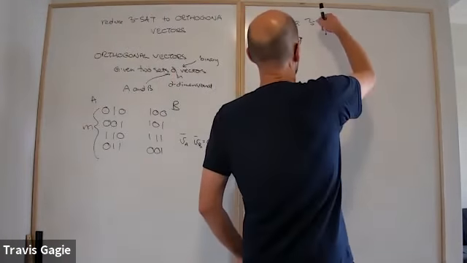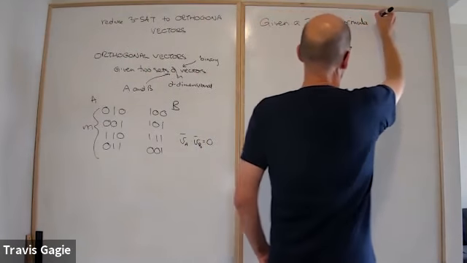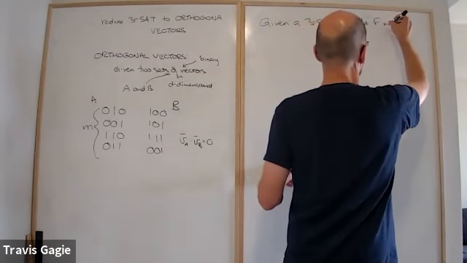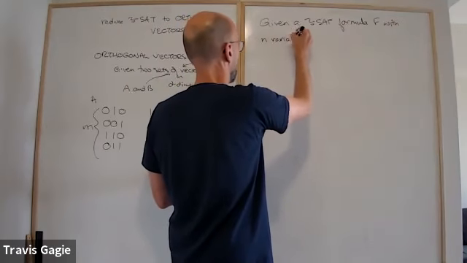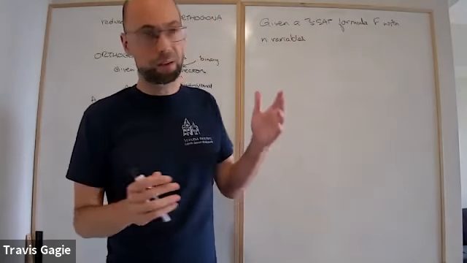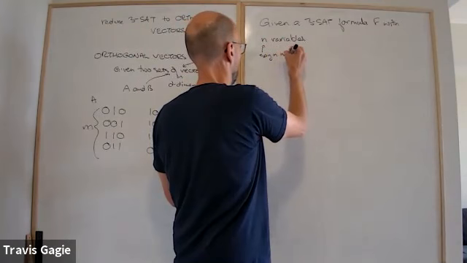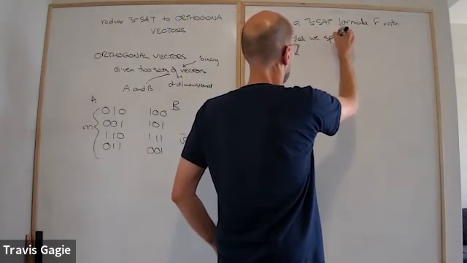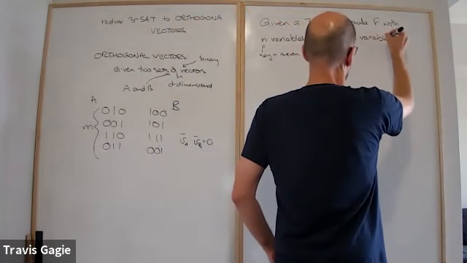But if you're understanding this, given a 3-SAT formula F with n variables, let's say n is even. We split the variables into two groups.